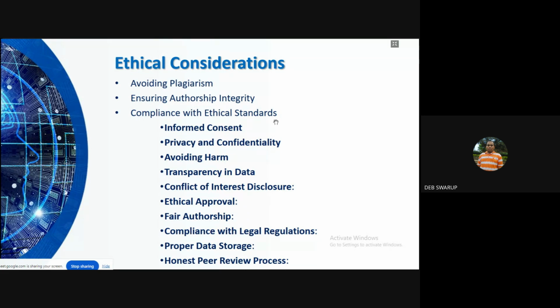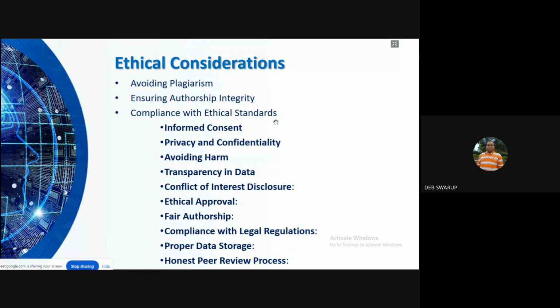That can be written, but don't go for authorship to every person. Everyone does not need an authorship. Clear? Then compliance with legal regulations, you know what are the legal regulations of your university, of your state.